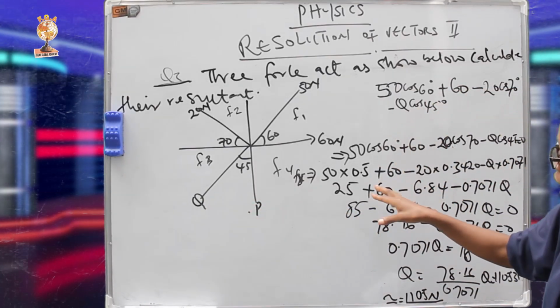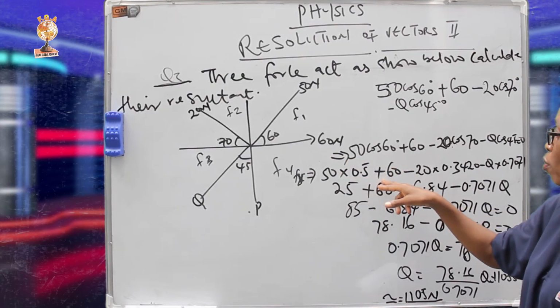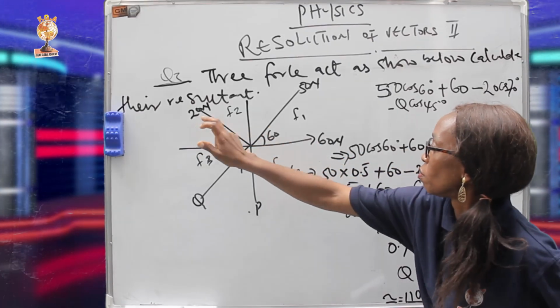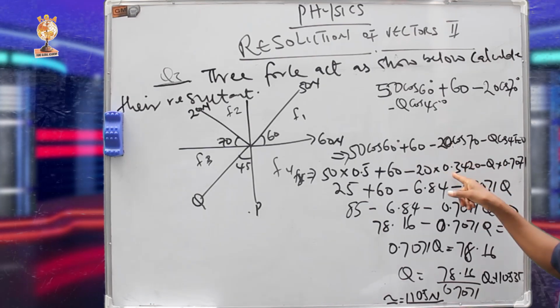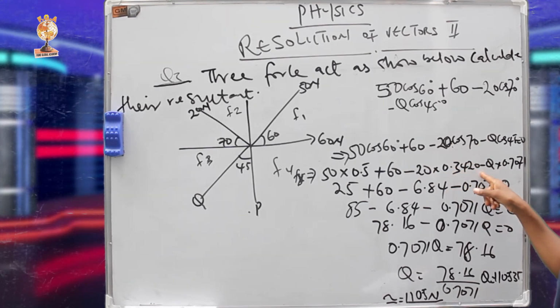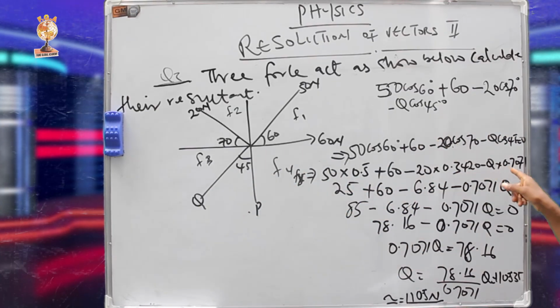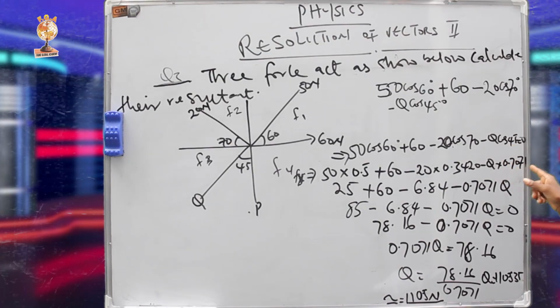Now, having done that, 50 cos 60 is 0.5, plus 60, minus 20, because it's on the negative side, 20 cos 70, and cos 70 is 0.3420, minus Q cos 45. Cos 45 is 0.7071.